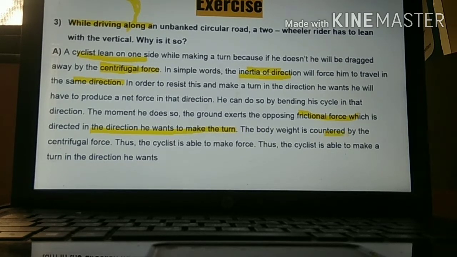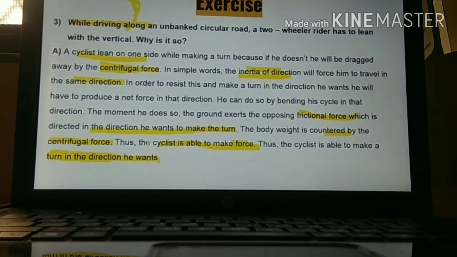The body weight is countered by the centrifugal force. Thus, the cyclist is able to turn in whichever direction he wants by just bending. Okay. If he will not bend, he will be moving in a straight line. So in order to turn, he has to bend.